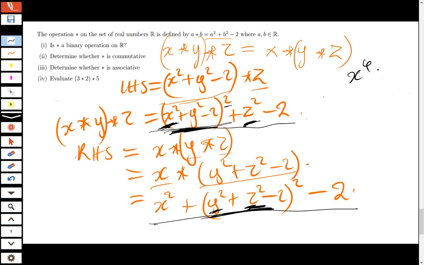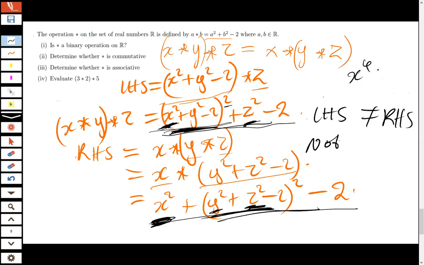But on the right-hand side, we only have x to the power 2. There's no possibility of us having x to the power 4. Hence, these two expressions are totally different. So if they are different, it means that the left-hand side is not equal to the right-hand side. Hence, not associative, or it does not obey the associative law.